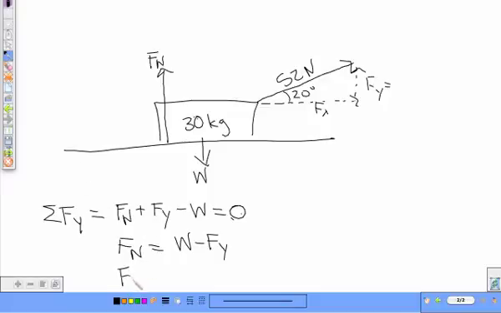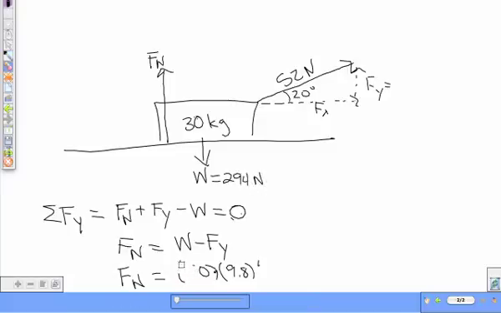So our normal force is equal to W, which is mg, so we have 30 times 9.8. That's 294.